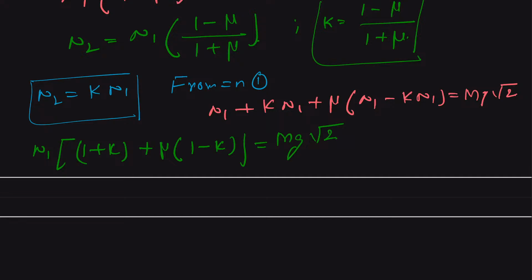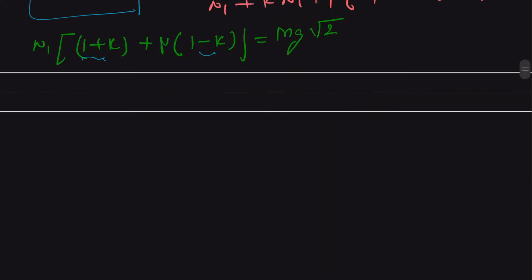Now we are supposed to find out this 1 plus k and 1 minus k, then we can substitute it here. This is only the solution part now. Most of the things are done. So 1 plus k will be equal to 1 plus (1 minus mu) upon (1 plus mu), so mu and mu cancel out, and we get 2 upon 1 plus mu.